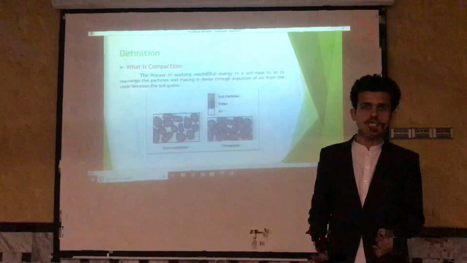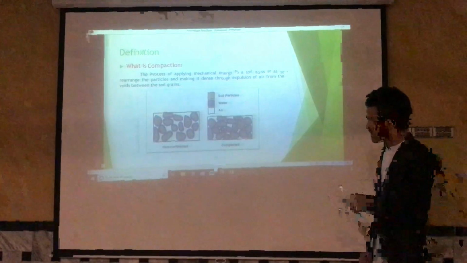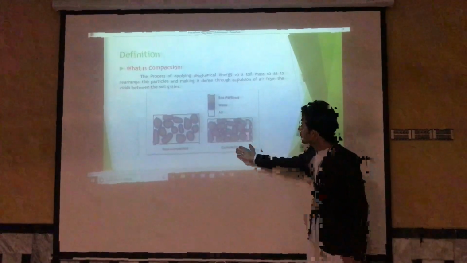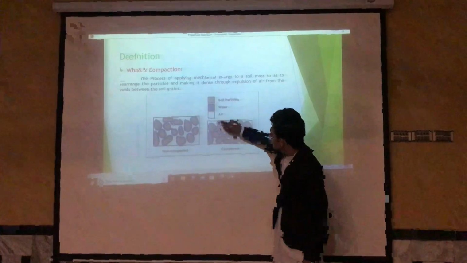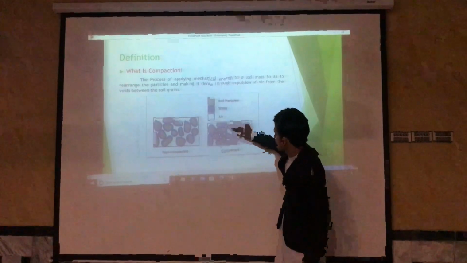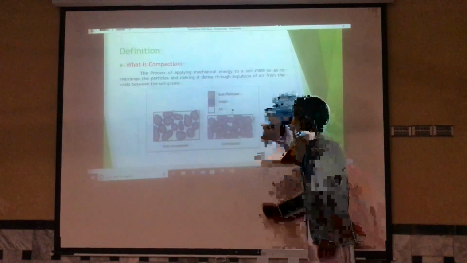Sometimes a little amount of water, or up to zero amount, will be excluded from the soil. So this is non-compacted soil, this is compacted soil, and you can see the soil particles are like this, the water content is already present in the same amount, and the air is excluded. So, next slide.